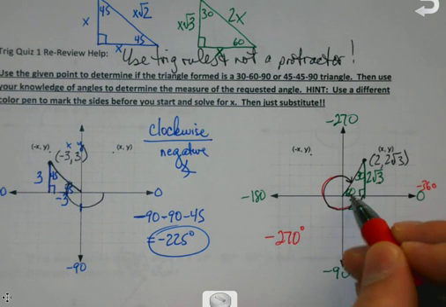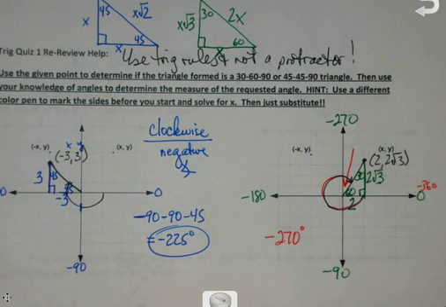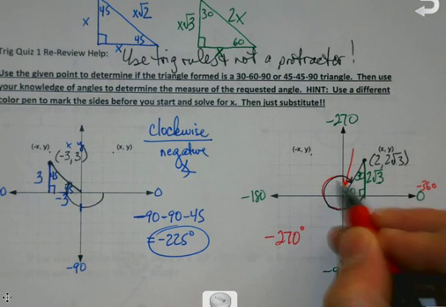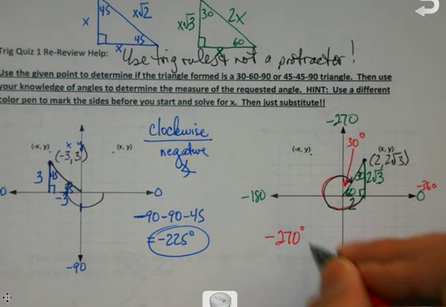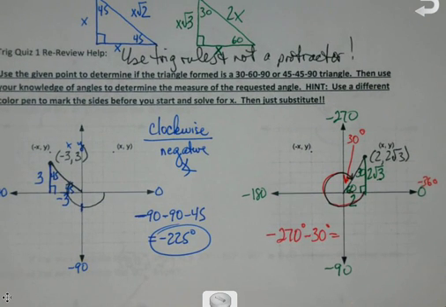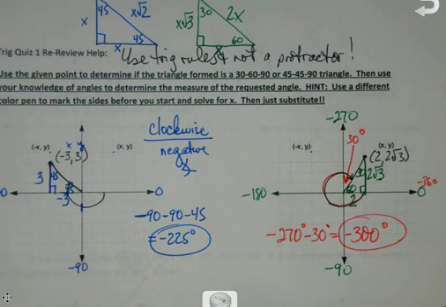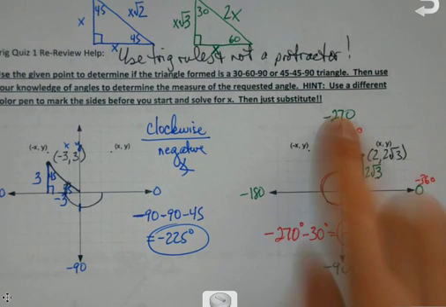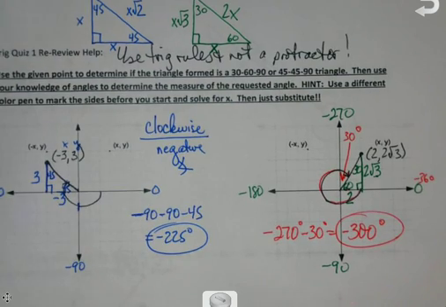But the part of the angle I want isn't in the triangle, so I don't want the 60. I want this piece that's left right here. So if this quadrant, because every quadrant's worth 90, is 90 and that part's worth 60, it means the piece that I'm missing right here is 30. And since we're going clockwise, it's negative. That's why I'm putting the minus on there, and I can get my angle measure. That's why it's nice to label these, so I can see how much I already have and what I have left to calculate based on the angle measure that I've got.